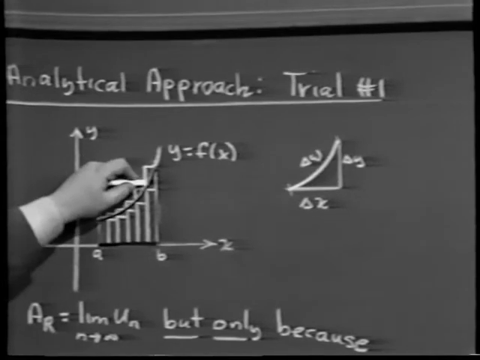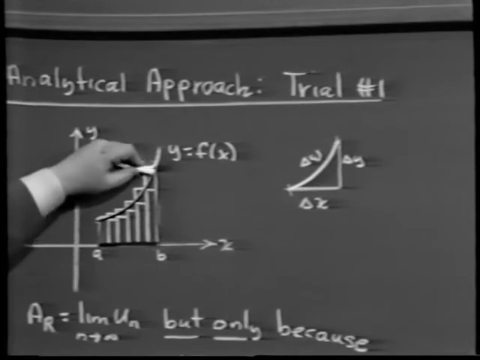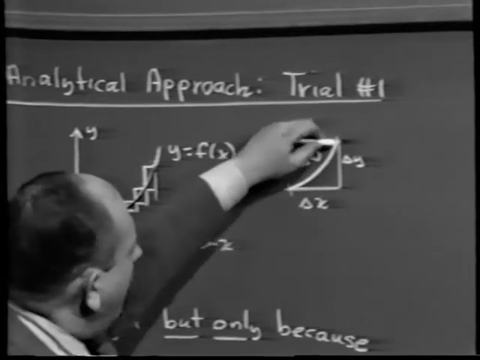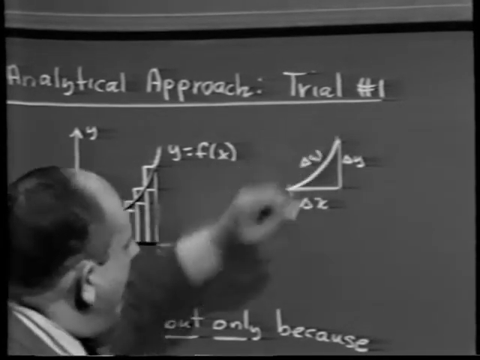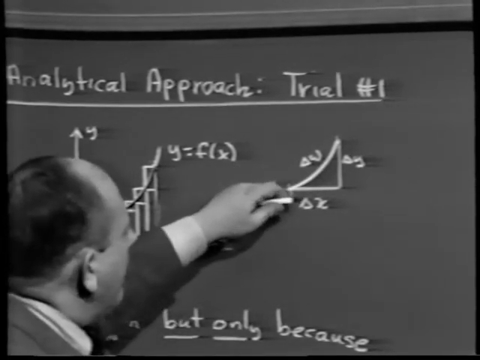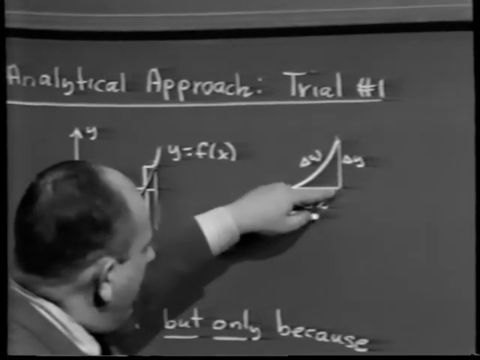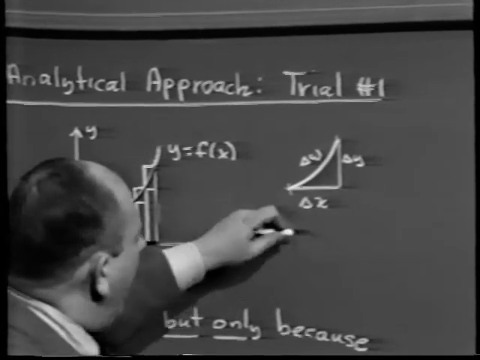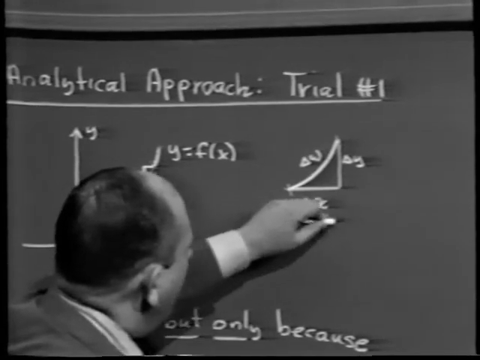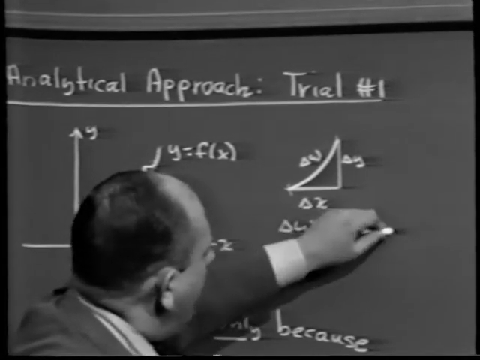Now, the idea is we might get the idea that maybe we should do the same thing for arc length. In other words, let me call one of these little pieces of arc length delta W. I'm just isolating part of the diagram here. Here's delta W, here's delta X, here's delta Y. You see, the idea is, in the same way that I approximated a piece of area by an inscribed and a circumscribed rectangle, why can't I say something like, well, let delta W be approximately equal to delta X?